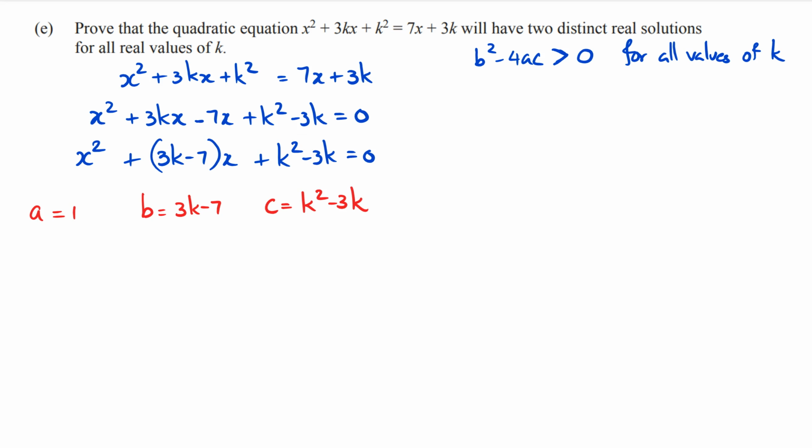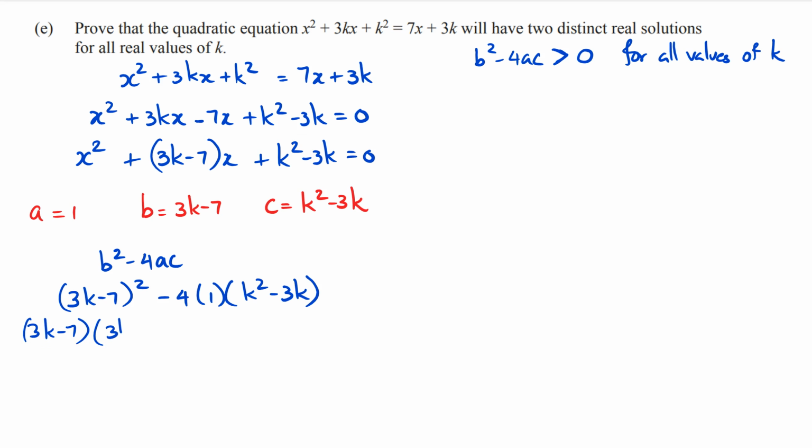So we're going to actually work out what b squared minus 4ac is first, and then prove that it'll always be bigger than 0. So b squared minus 4ac is 3k minus 7 squared minus 4 times 1 times c, which happens to be k squared minus 3k. So expand the brackets. We've got 3k minus 7 times 3k minus 7 minus 4 times k squared minus 3k.